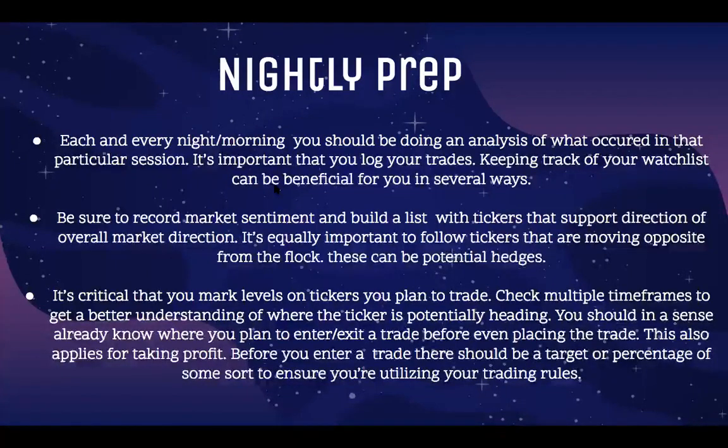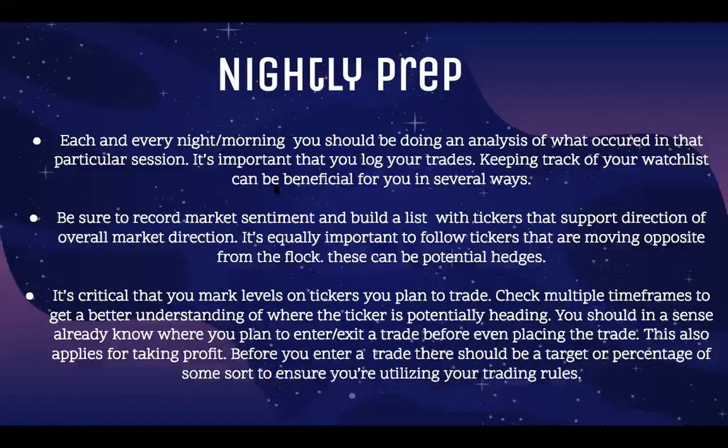It's always smart to hedge your positions just in case the market goes against what you were anticipating. At least you will be on the side that the market was on if it didn't work in your favor. So you'll lose in one, but you'll win in the other. So hopefully, if your position sizes are correct on both entries, you should make it out. You should survive. It's critical that you mark levels on tickers you plan to trade.